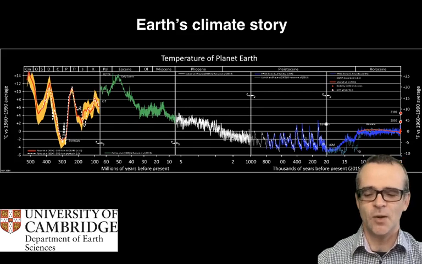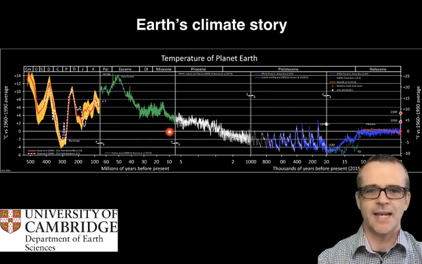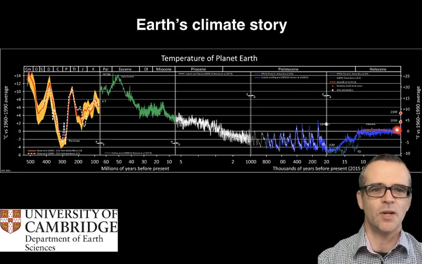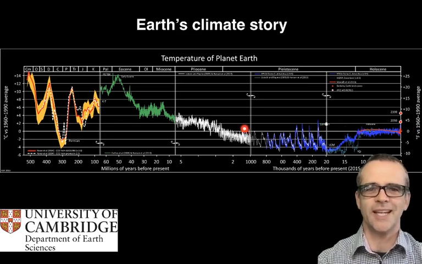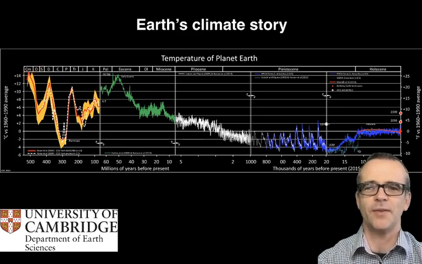We're looking at temperature on the y-axis, where the zero line is our baseline reference temperature, which is the last few decades of temperature. So we're looking at how temperature has changed relative to the past few decades, up to about 14 degrees in excess of what we have in the present day.